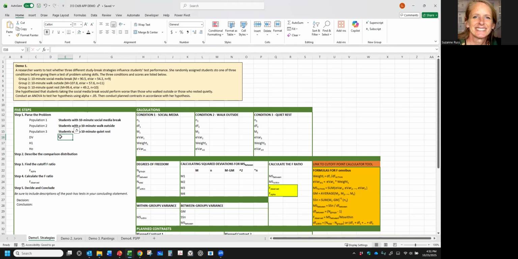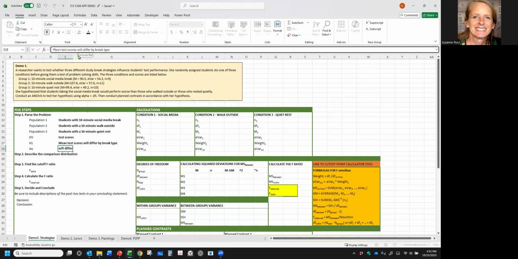Our dependent variable is test scores. Our research hypothesis states that the mean test scores will differ by break type. And our null hypothesis is just the opposite of that. It says that mean test scores will not differ by break type.